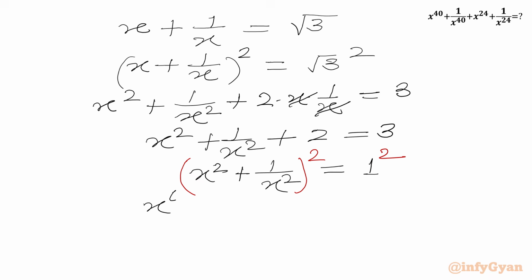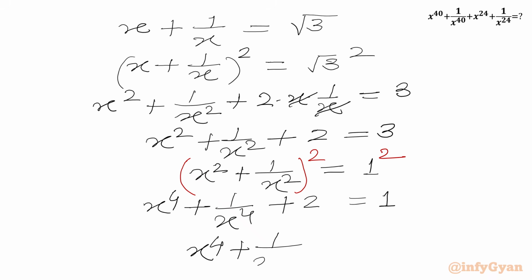We will get x power 4 plus 1 over x power 4 plus 2 equal to 1. Now we will subtract 2 from both the sides to get the value of x power 4 plus 1 over x power 4. So we are going to get 1 minus 2, which is minus 1.